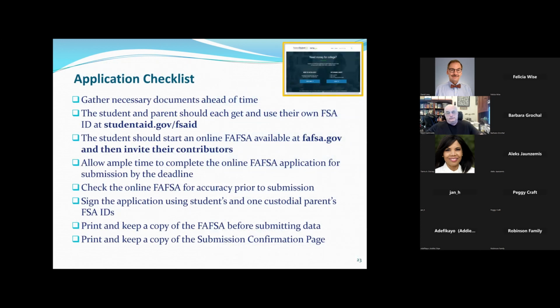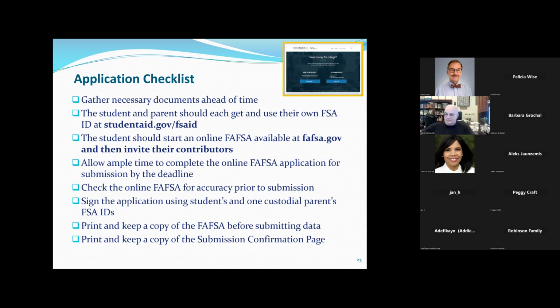Thanks, Mark. What we'd like to do now is to go over some application filing tips, some things to remember as you're filling out the online FAFSA. Be sure to gather necessary documents ahead of time so that completing the application is faster and easier.